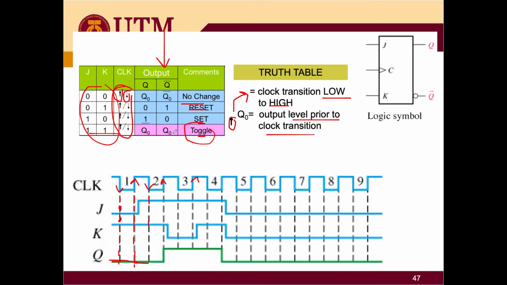So toggle means from the previous output it should toggle, but this one I think it just shows you for the low to high, but over here it should be if it is 1 1.